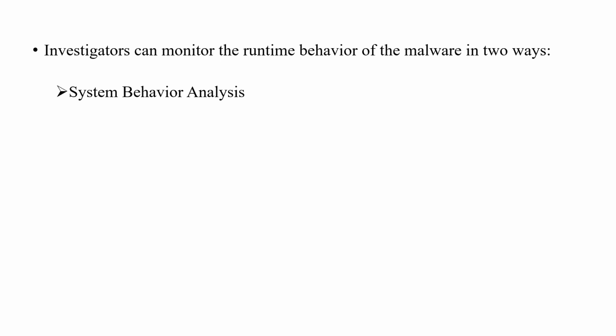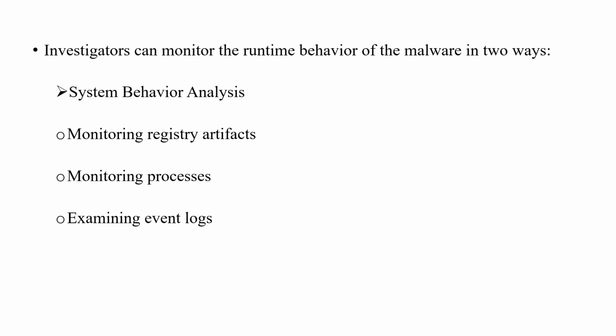System behavior analysis, as its name suggests, involves monitoring the changes on the operating system. Once the malware is executed, the changes which have occurred on the operating system are monitored in this type of analysis. So the changes are monitored in the following components: monitoring the registry artifacts, processes, and then examining event logs.